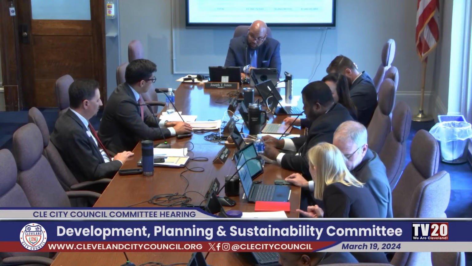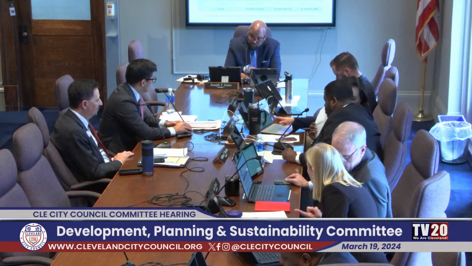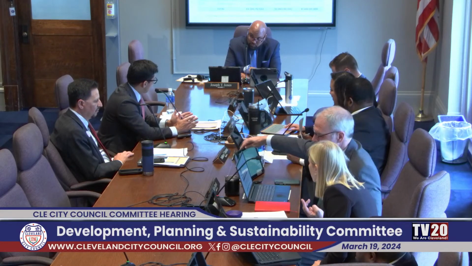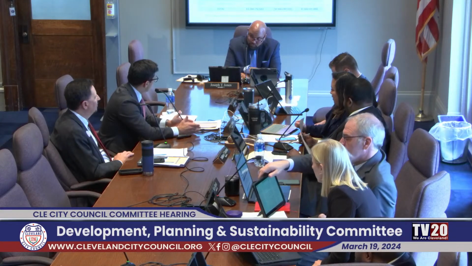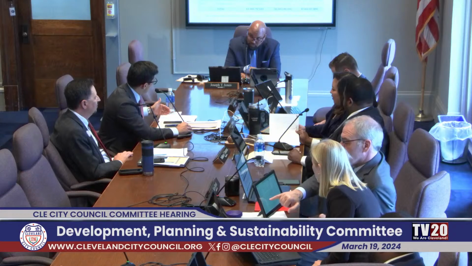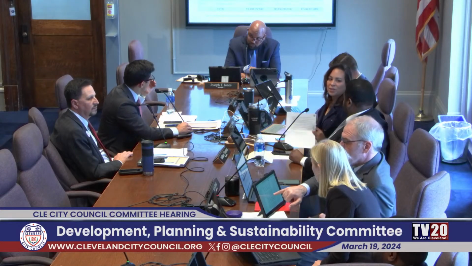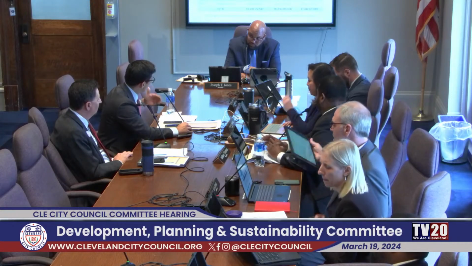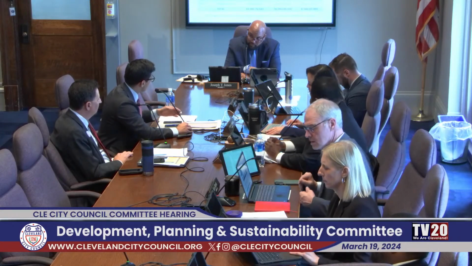We will work with our advisors to come up with a borrowing schedule that maximizes our ability to leverage the dollars that we have and that we'll have available to get as much upfront money as possible to get the work going. I think it's critical to do everything we can to get this work moving as quickly as possible so that we start seeing the benefits as soon as possible.